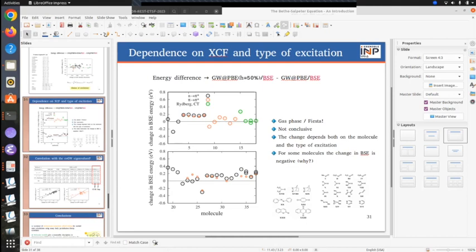But we have a very decent agreement between the Fiesta and Yambo GW values. So we think it is the case. We also think that probably plasmon excitations are very high. It's not confirmed, but it seems that it's under control.